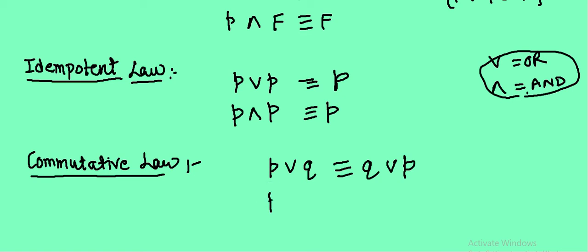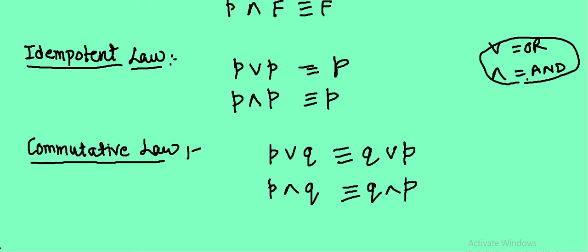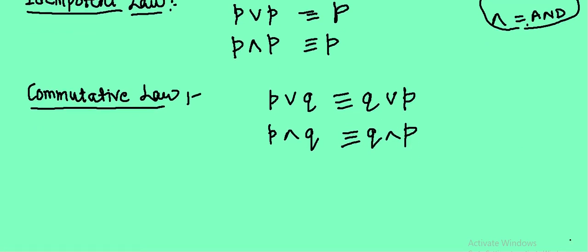And if I take P conjunction with Q, it will be like Q conjunction with P, right? And which is again self-explanatory, because if I take the values, let's say P is true and Q is true, so P or Q will be true, and then the values will be the same, so they are the same, right?